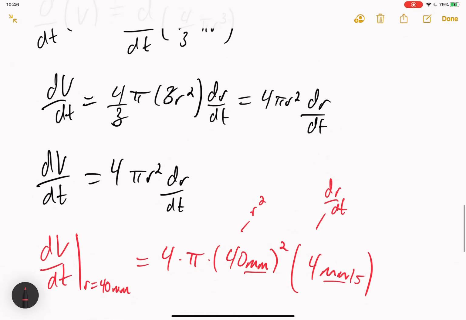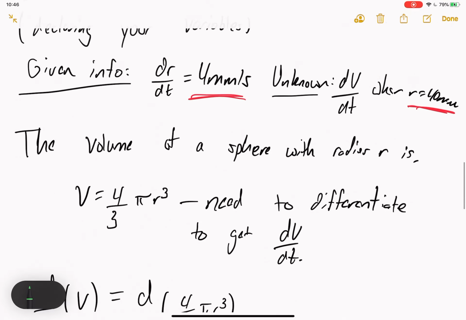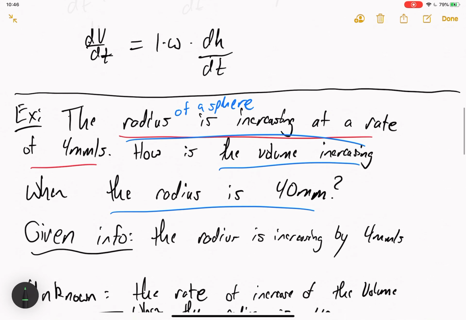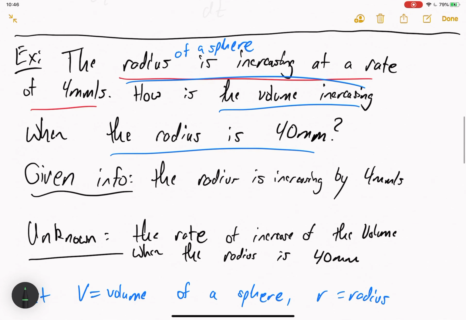All right, so let me walk through the problem one more time. Basically, we had a sphere, and we were increasing the radius as a function of time. We said it was 4 millimeters per second, and the question was, how does the volume increase as the radius increases, specifically when the radius is equal to 40 millimeters?